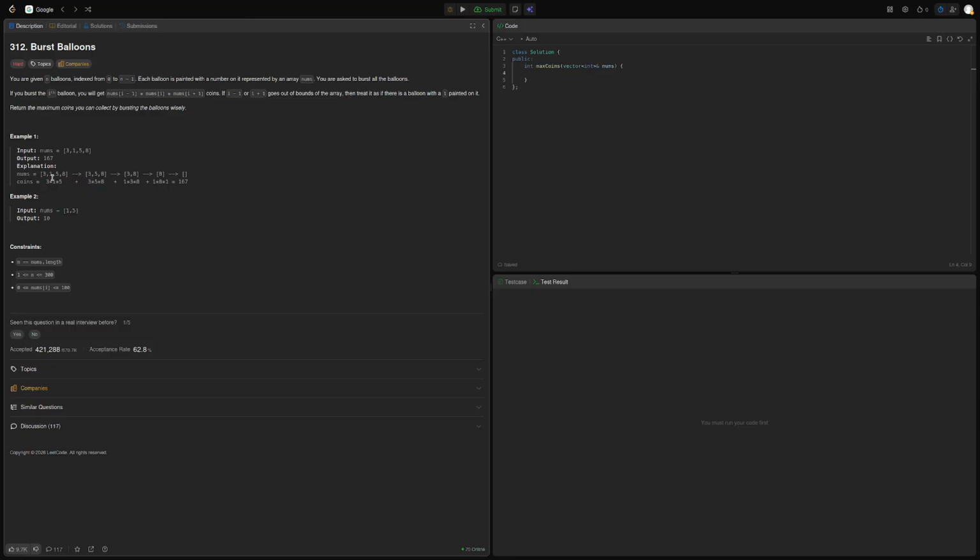So if you pop this, I solve for here and I solve for here, but how do I combine those answers? Different approach. How many subarrays will contain 3? Or how many times we burst it? Well, we can burst each element just once.